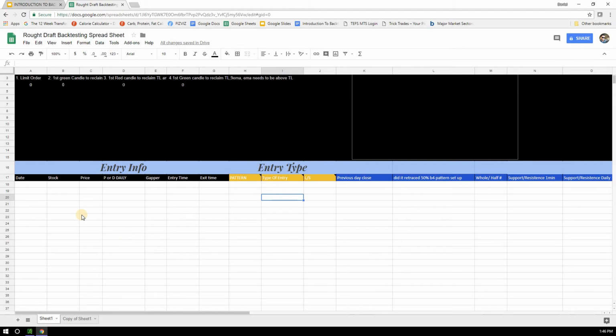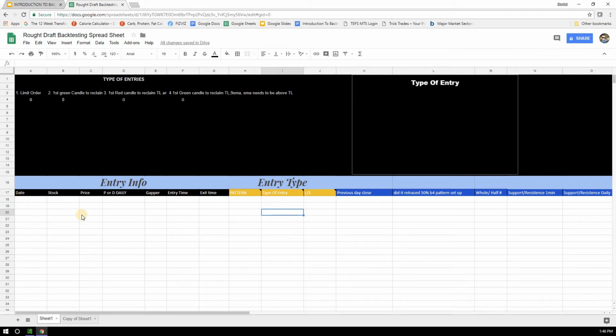So the first thing that I want to focus on is the entry information from the stock: the date, the name of the stock, the price, P or D is a parabolic or dump, if it's a gapper, the entry time when I take the trade, and the exit time. And why is this important?